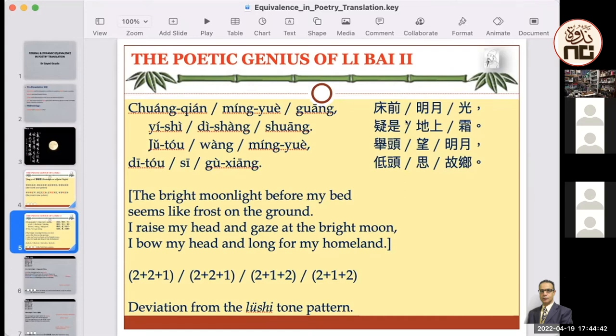So there is a pause after a certain number of feet, based on the rhythm and the grammatical structure. We pause when we read poetry, according to the meaning, the rhythm, and the grammatical structure of the sentence.